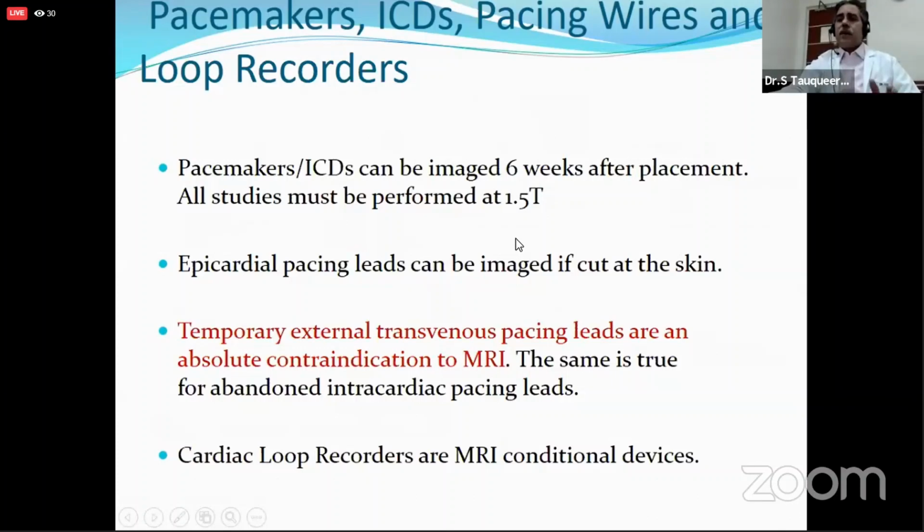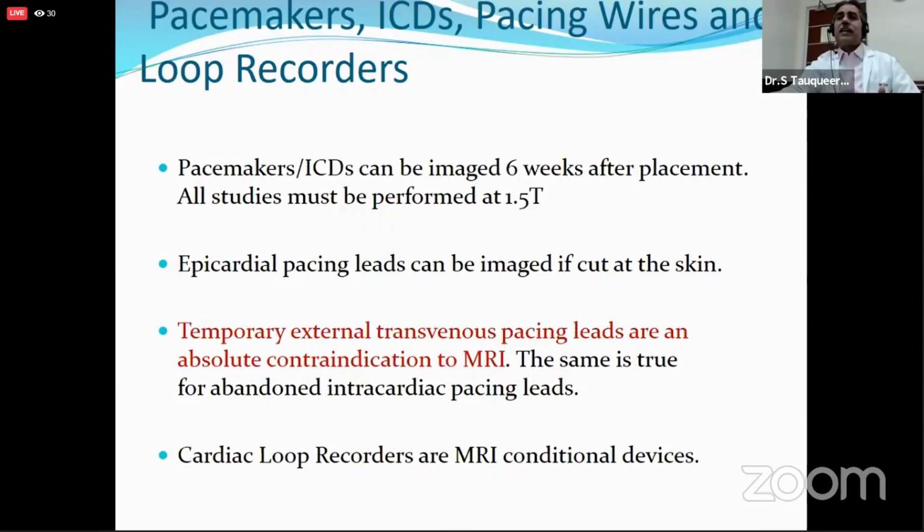We need to understand one thing: we hear so much about MRI safe devices or MRI compatible devices. But actually, MRI compatible devices is a misnomer because they are MR conditional devices. They are supposed to work in certain conditions in MRI, and most of these devices have been tested at 1.5 Tesla, so they are safe to work at 1.5 Tesla.